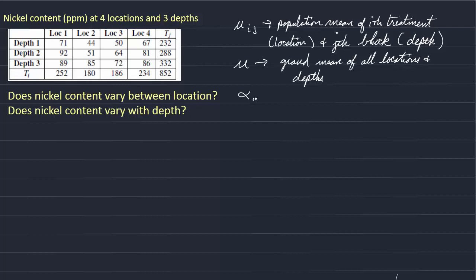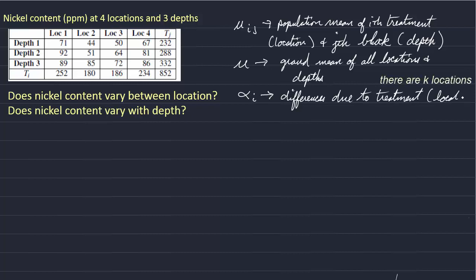And then let's call alpha i the differences due to treatments, or location, and then beta j being the differences due to blocks, or depth.